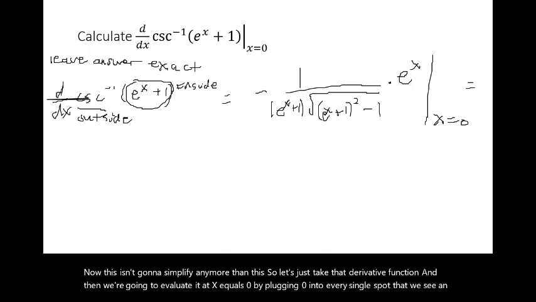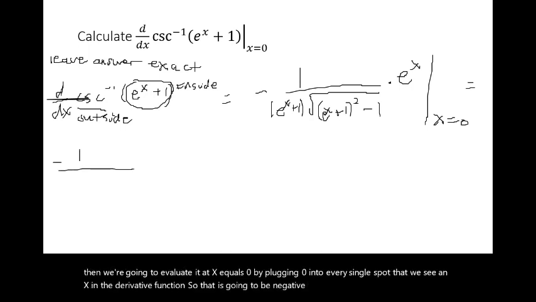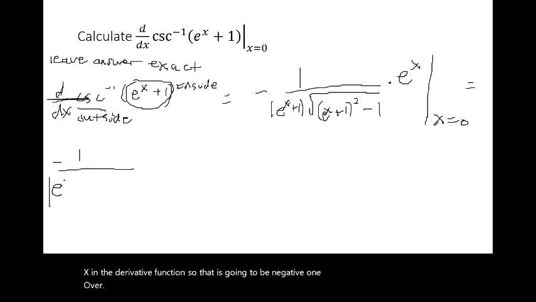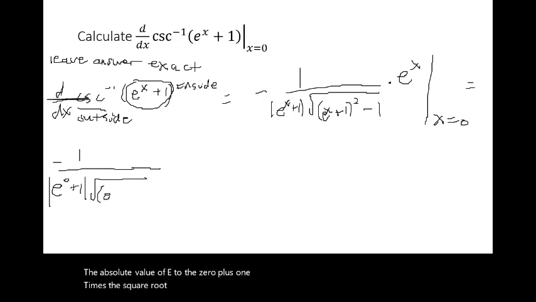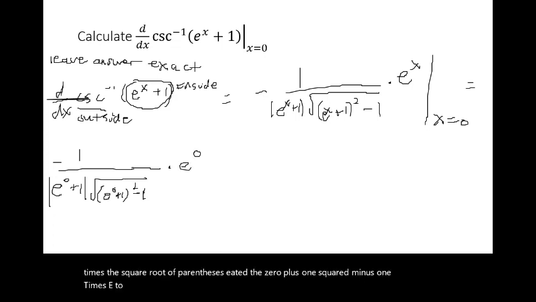So that is going to be negative 1 over the absolute value of e to the 0 plus 1 times the square root of parentheses e to the 0 plus 1 squared minus 1 times e to the power 0. And e to the power 0 is equal to 1.